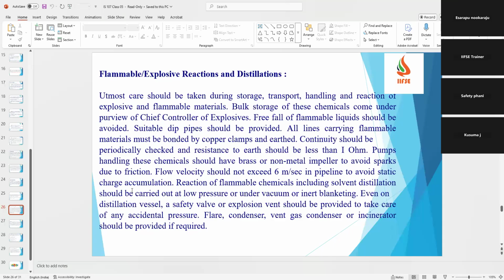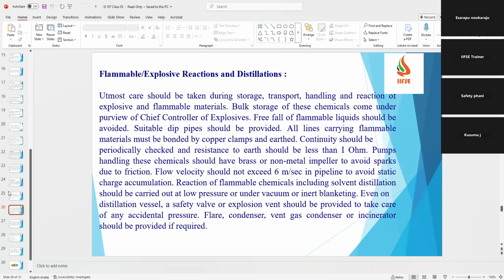Even on distillation vessels, a safety valve or explosion vent should be provided to take care of any accidental pressure. Flare, condenser, vent gas condenser, or incinerator should be provided if required. Even in the petroleum refineries, you used to see the flare. It is always burning.